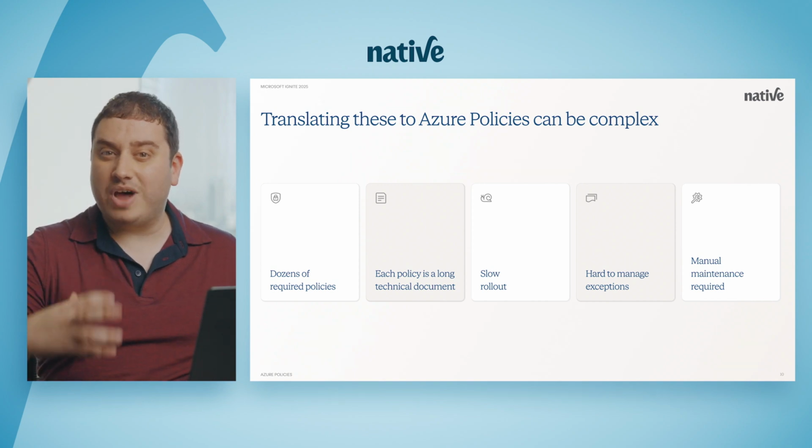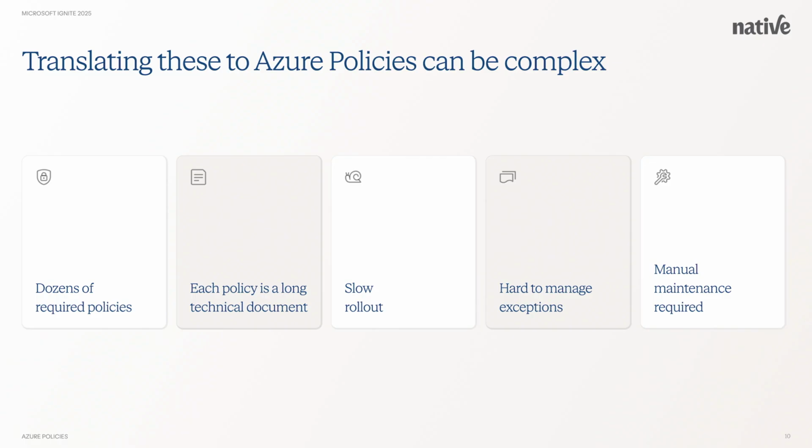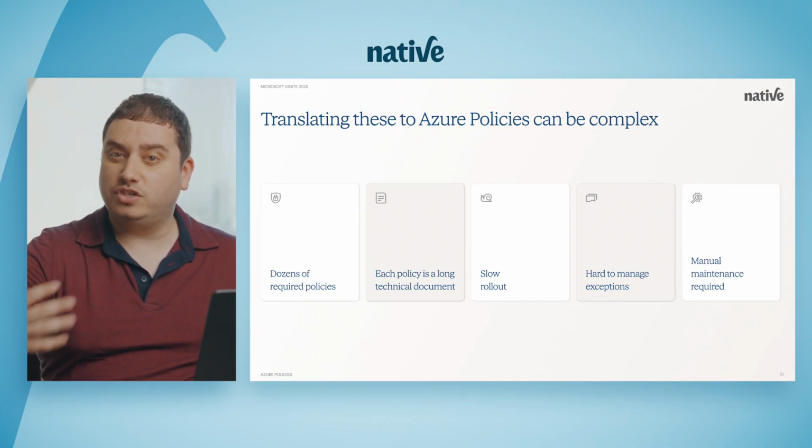And as you do that and try to understand existing usage, you might need to manage exceptions, and you have to manually embed them into the policy that you previously wrote. Even after installing a policy and rolling it out, you need to manually maintain it as your use of your cloud evolves or as the provider launches new capabilities, making this a lifelong project instead of just a point-in-time policy installation. This is really where native comes in.